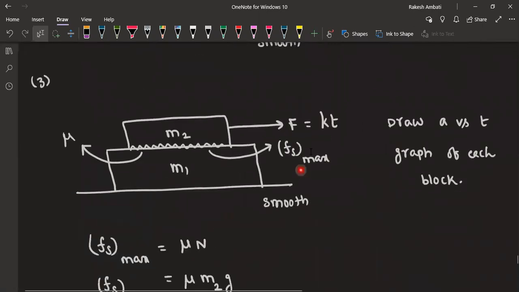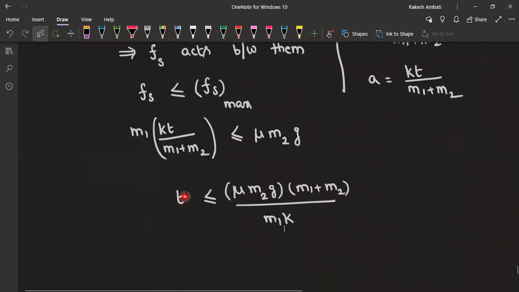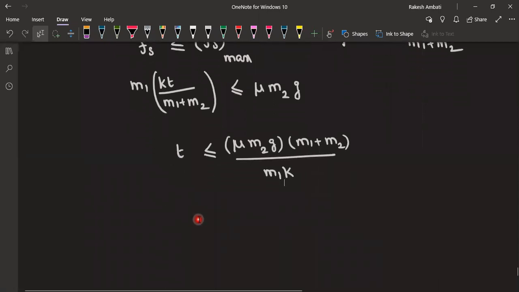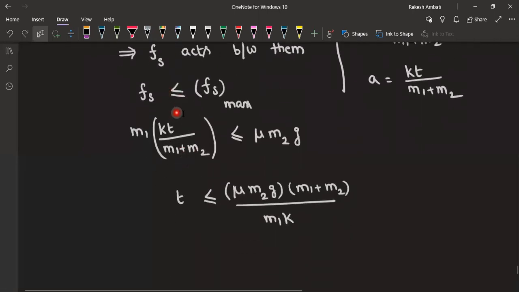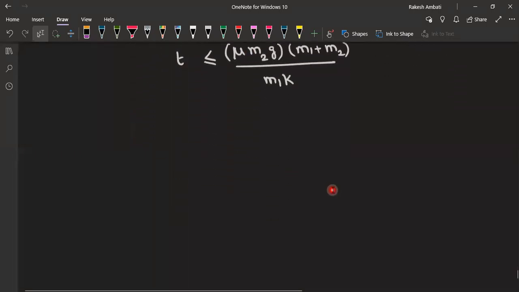If t value is increasing from 0, t equal to 1 second, t equal to 2 seconds, up to a particular time the two blocks move together. Up to what time do the two blocks move together? To find the maximum time, which condition do we have to follow? Equal to.